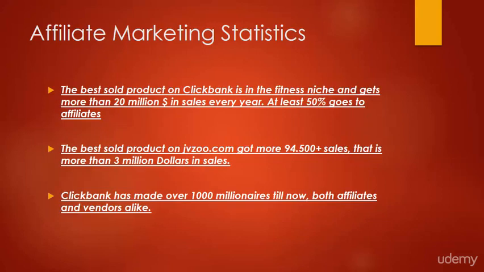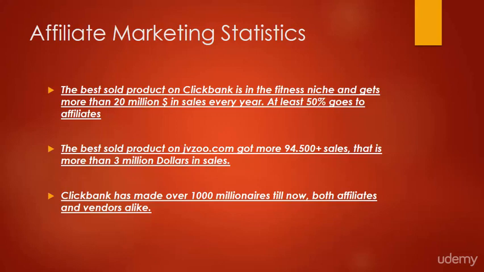Now, there are other statistics you should know about, because it's very important to have a clearer vision of what affiliate marketing in the digital products area means. Here we have a couple of statistics that amazed me when I first saw them.